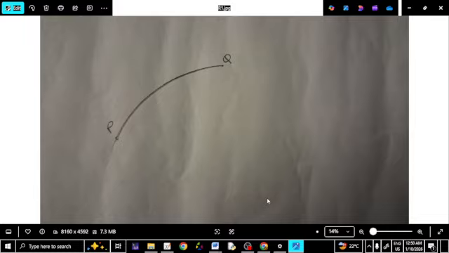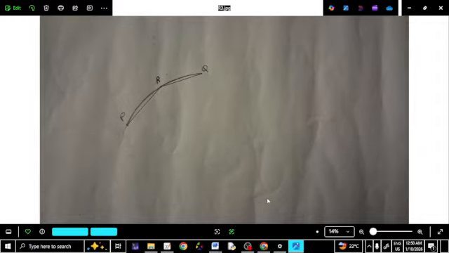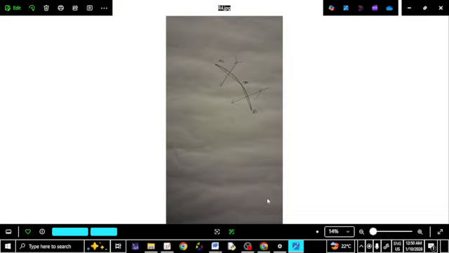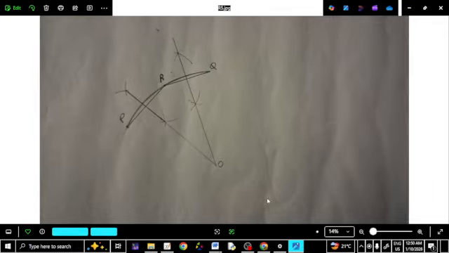First we will mark one point R on the arc PQ. Next, you join PR and QR using line segments. Now we will follow the same process as we had seen in the demonstration of the last theorem. We next draw the perpendicular bisector for PR and the perpendicular bisector for QR.